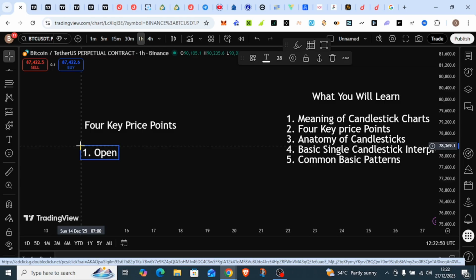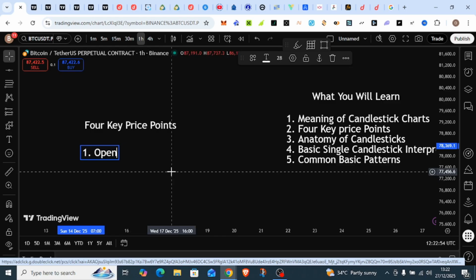Open is priced at the start of the period. Number 2 is high, which is the highest price reached.